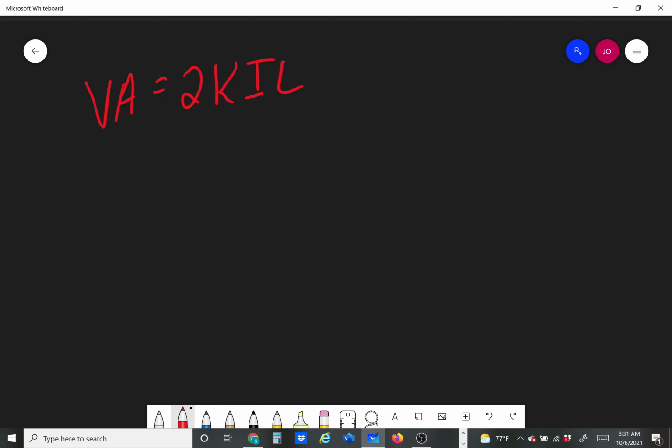I apologize. We're looking for wire size. We're going to bring the V over here. So we have 2. We have a K value, which was given at 12.6. We have a current value, which was given of 0.4 amps. And we have a length of 500 feet.